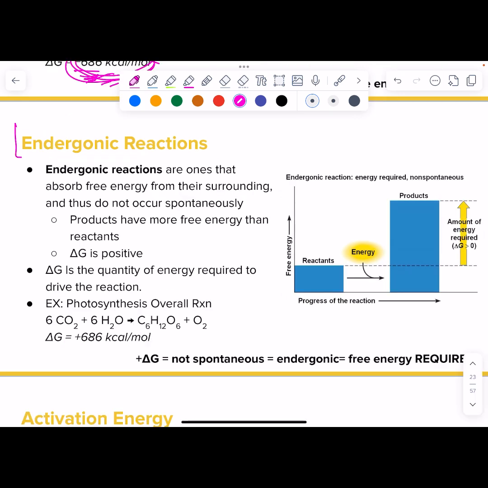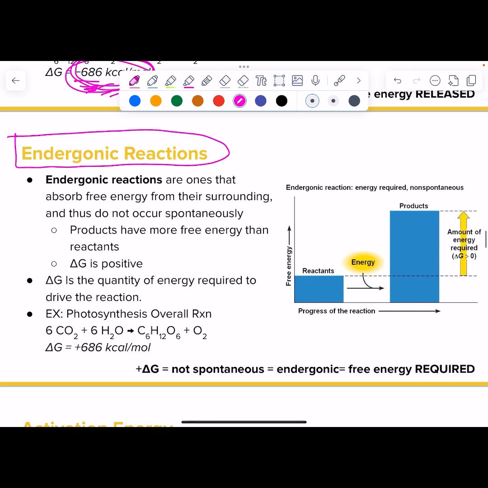What about endergonic reactions? So endergonic reactions, they proceed by gaining energy, meaning that these reactions at the end, the products have more energy, and in the beginning, they have less energy. So if we are to calculate the energy change, let's say the final is 70 and the initial is 40. So we'll say 70 minus 40, and then we get something like 30.